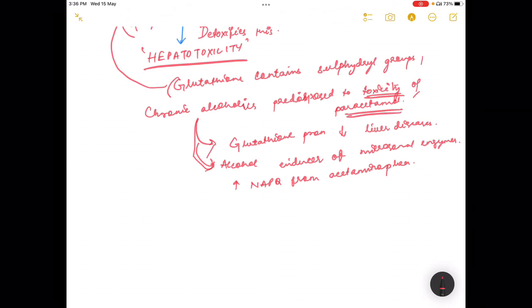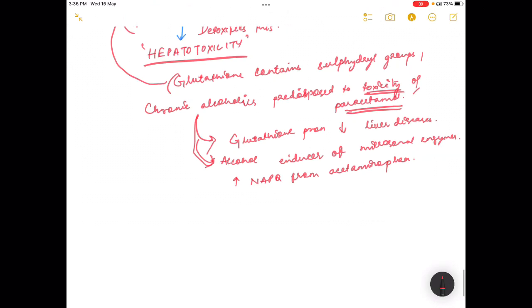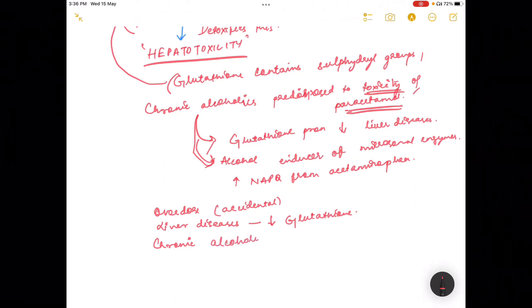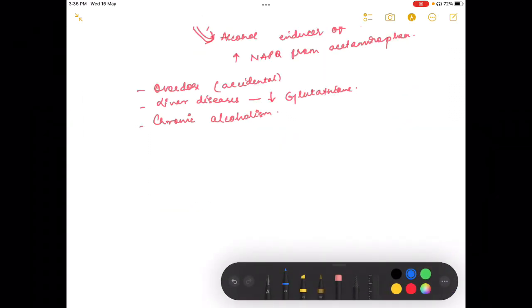So the toxicity of paracetamol can occur in three conditions. One is the overdose, that is accidental. Second is in cases of liver diseases, because there will be decrease in the glutathione. And third is in cases of chronic alcoholism.